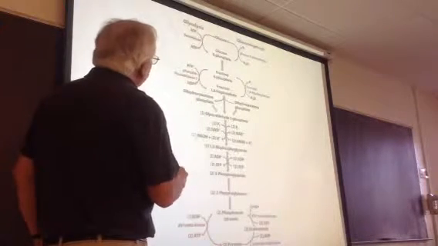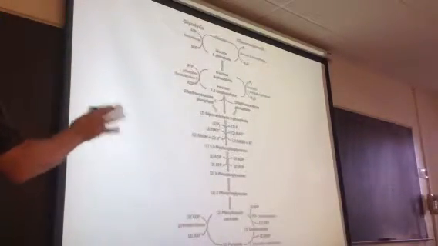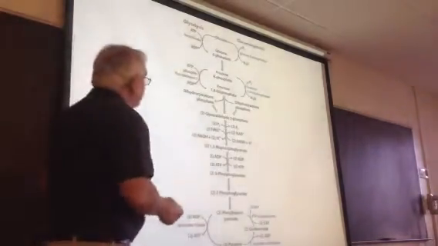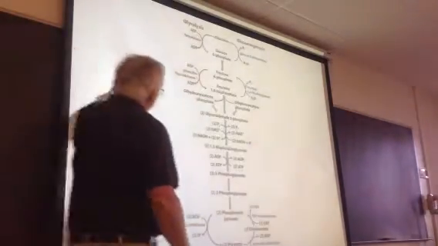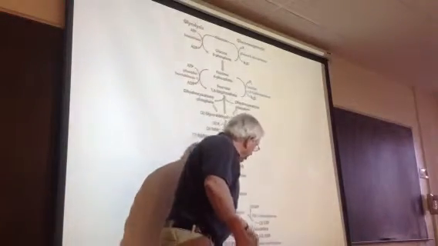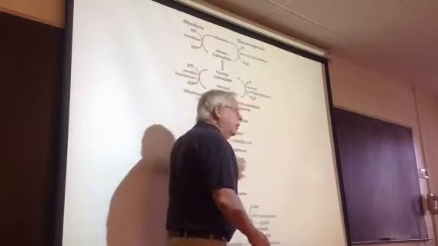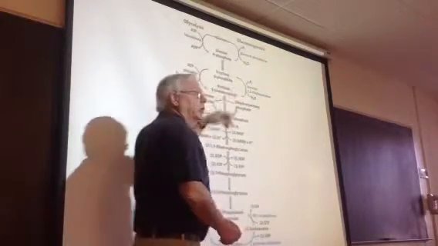Hydrolyze this phosphate off to get fructose 6-phosphate. So that changes the energetics. We already know that this is downhill in this direction energetically, but by the input of these extra steps here, this now is downhill energetically going back up to glucose.